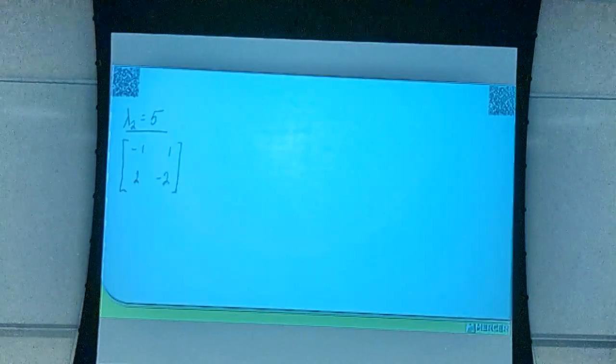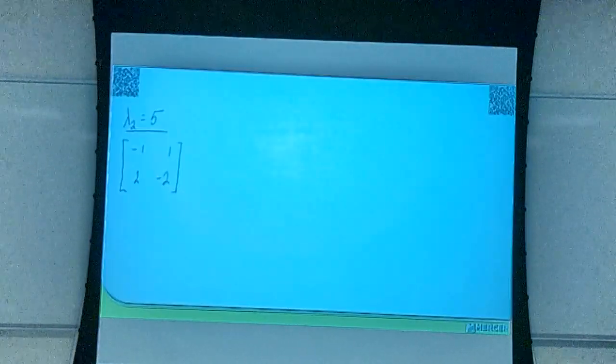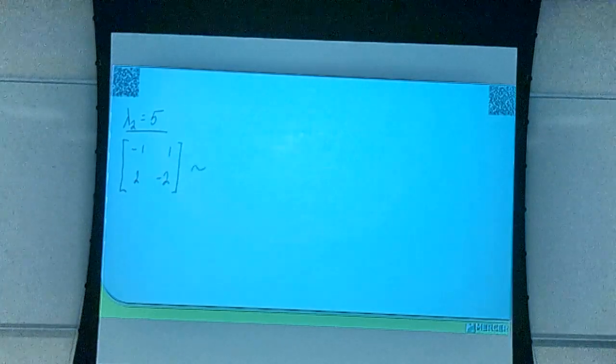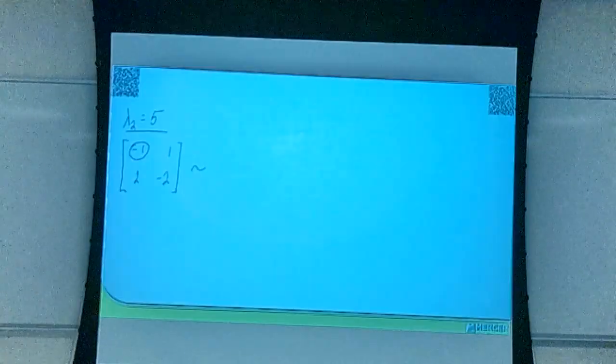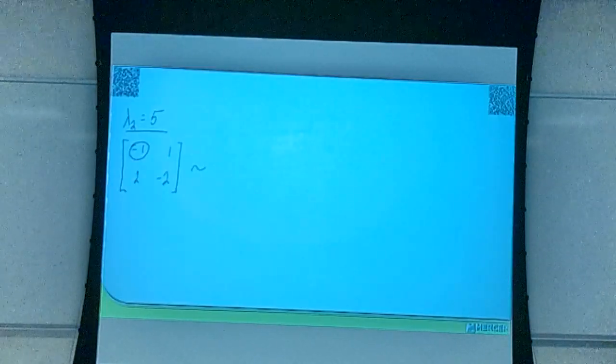Again, if you have linear algebra, you already know what that RREF is going to be. It's really obvious. Going through the process, that's your pivot. Make it 1. How do you do that? Multiply by negative 1, right?